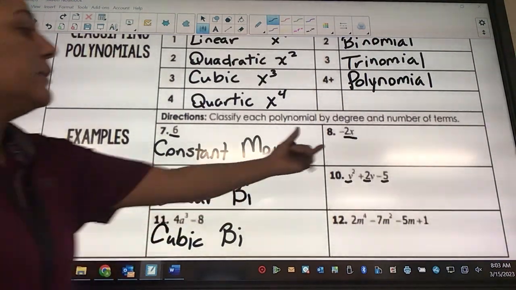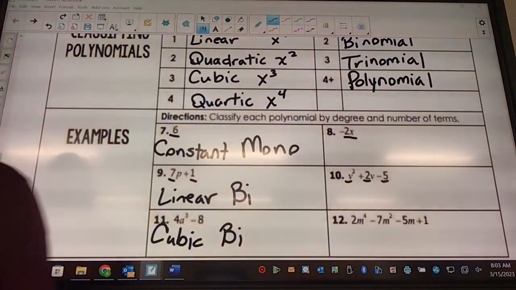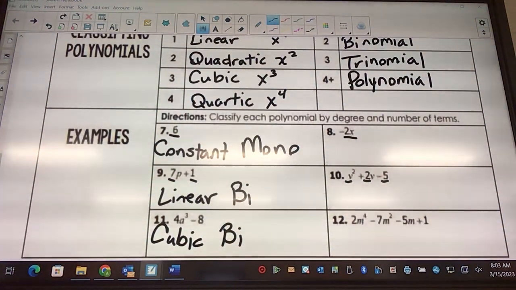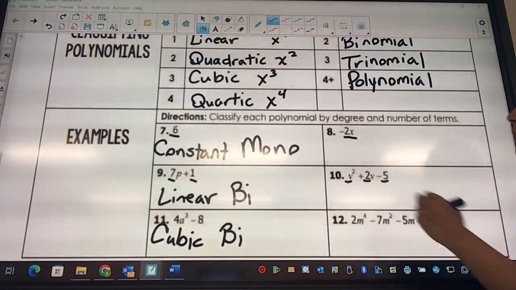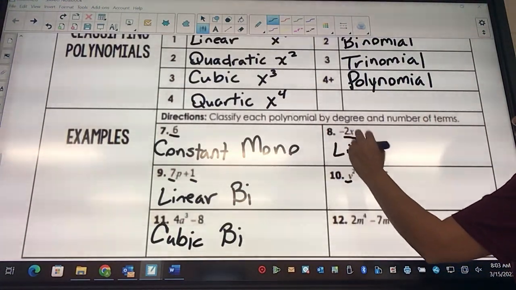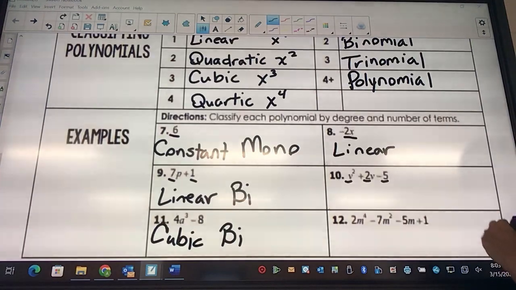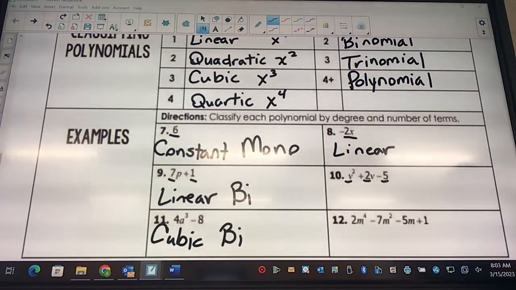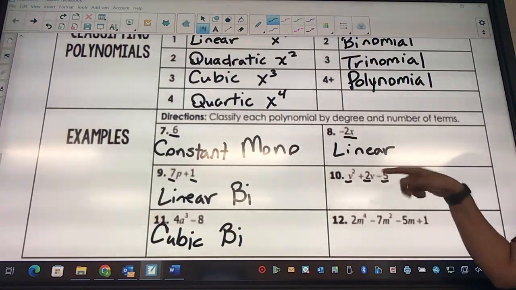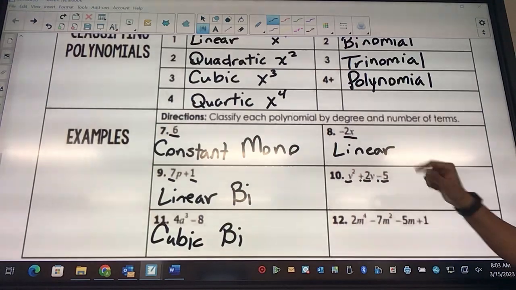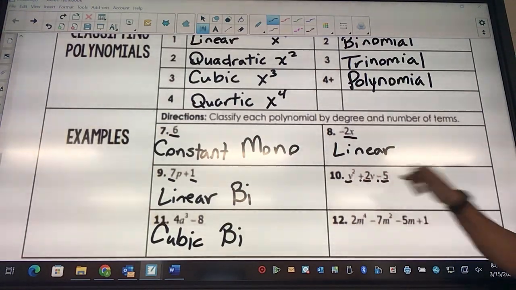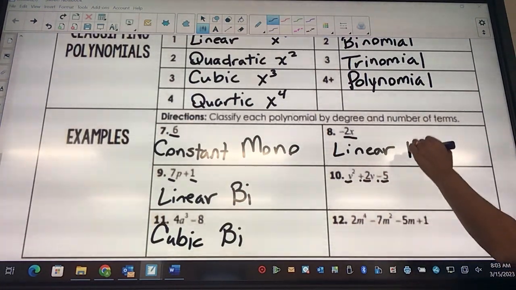Okay, if we're looking at this side, what's the highest exponent? 1, so it's going to be linear. How many pieces? 1. The way you can tell is an addition sign or subtraction sign separates the pieces, okay? So we see one sign here and one sign here, so this really breaks it up into 3 pieces. So this is going to be a monomial.